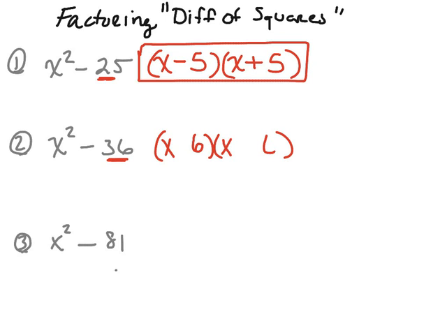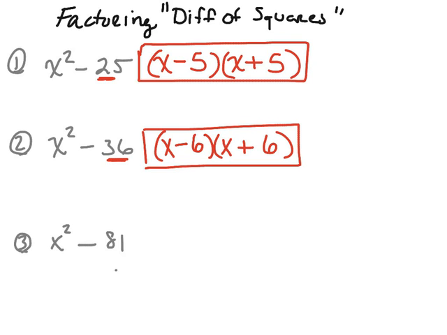So we're going to put a 6 here and another one over here. And in order to get that x squared minus 36, we're going to have one with a minus and another with a plus. Therefore, these are the factors of x squared minus 36. If we were to multiply x minus 6 with an x plus 6, we would end up with a polynomial of x squared minus 36.